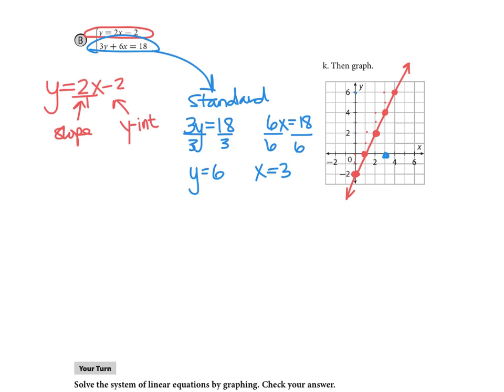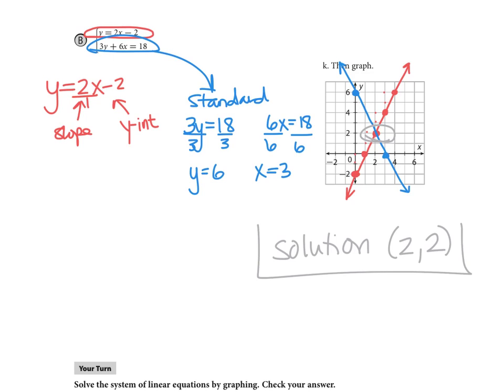X is 3. Y is 6, and now you need to use a ruler or something straight. If these graphs aren't straight or perfect, you're not going to see a point of intersection. Oop, like what I'm about to do. Let's try that again. All right, there we go. And remember, we're looking for the point of intersection here, which is where these two cross. So on this one, I'm going to say my solution is going to be at 2, 2.